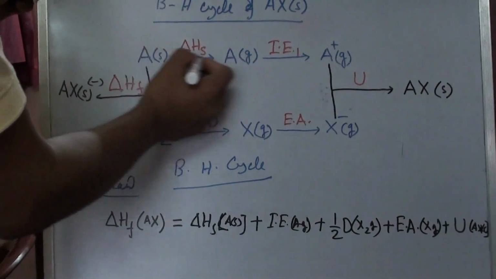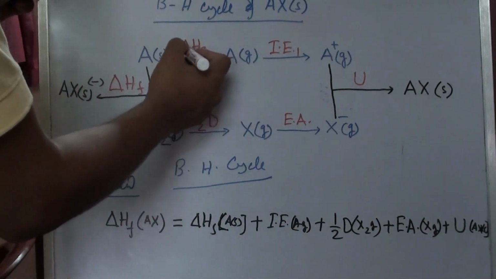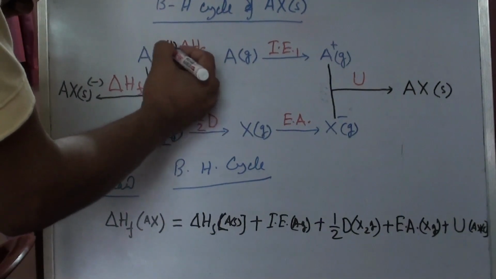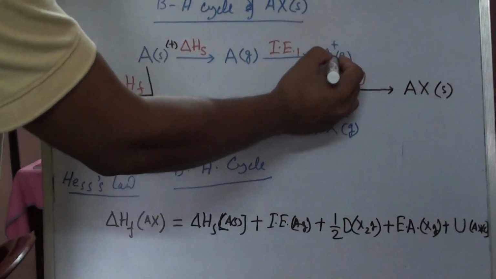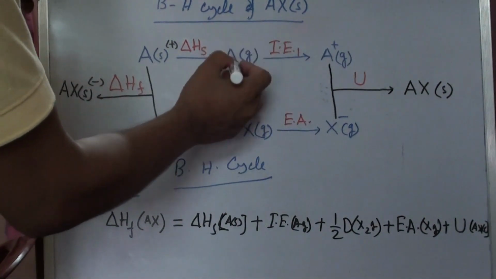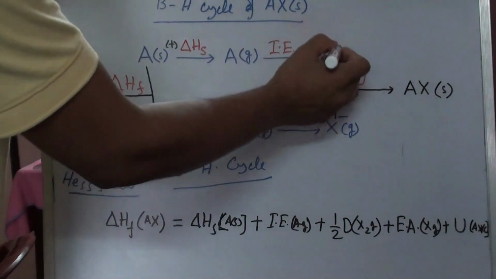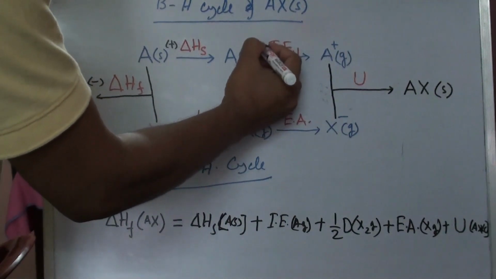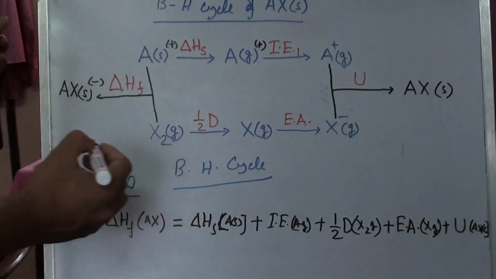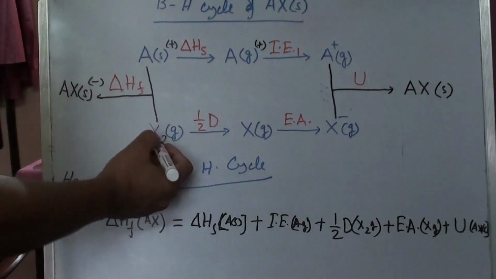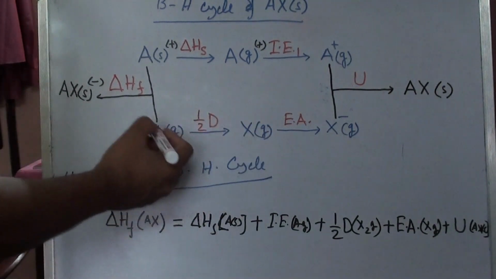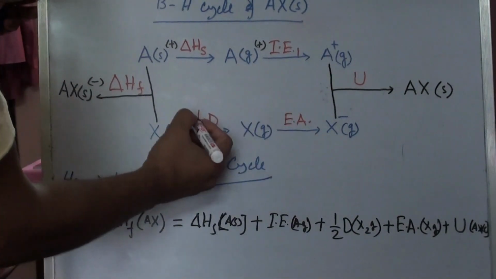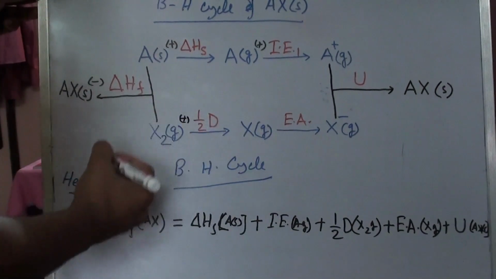Sublimation energy means energy required to convert solid to gas, so it must be positive. Ionization energy converts A gas to A plus gas. Ionization takes place, so we have to supply energy, so it is also positive. In the case of dissociation, X2 to X, we have to supply some energy to the system to break the bond, so it is also positive.